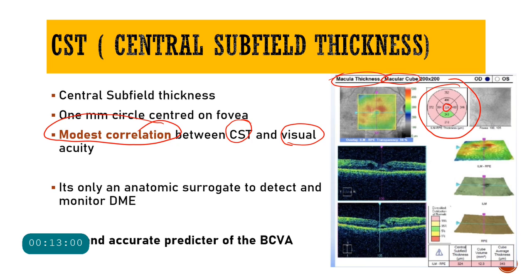The reason is that they will have problems in the ellipsoid zone or photoreceptor atrophy. All of that might be contributing to poor vision. However, your CST might come back to normal. CST might decrease in thickness. So there is not a very good correlation between the CST and the visual acuity. So it's not a very good biomarker.